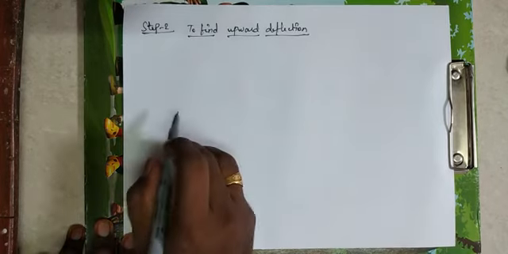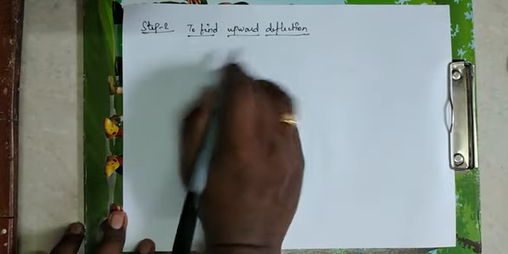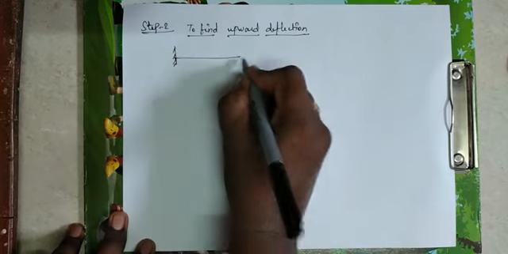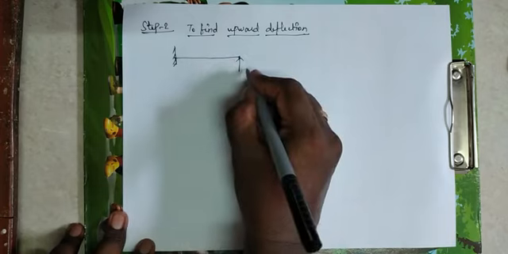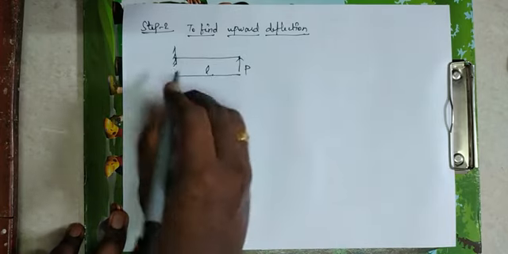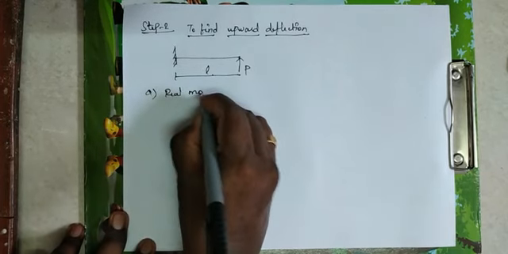Now, the step 2 is finding the upward deflection. For this, we need to remove the downward force acting on the beam. That is, remove the given UDL and consider only prop at the free end. Now, we are going to find the real moment first.